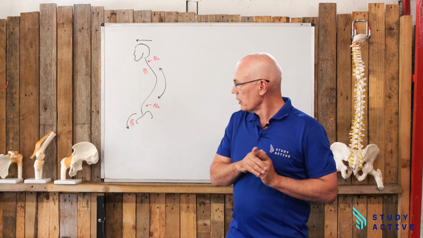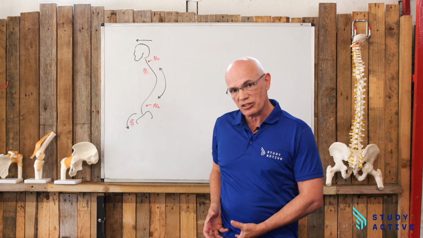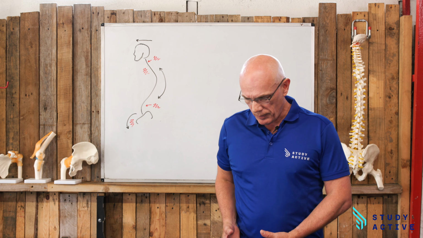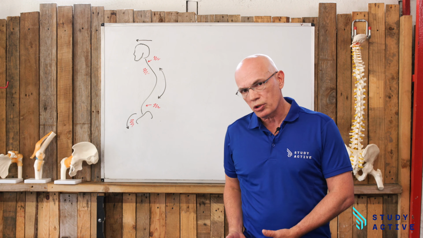We want to release them, we want to stretch them. But I want you to think about this a little bit as well: it's not just about stretching the hip flexors, I don't think. I did think that for many years. But if the hip flexors are tight, they're short, they're not in a very functional position, are they?